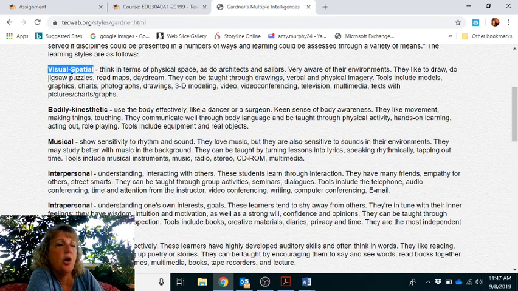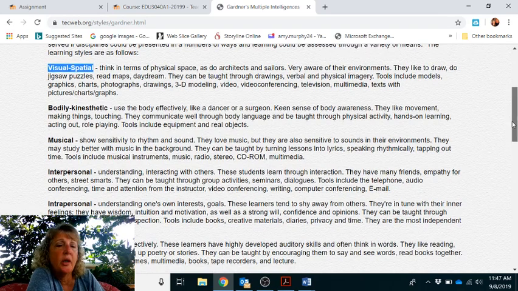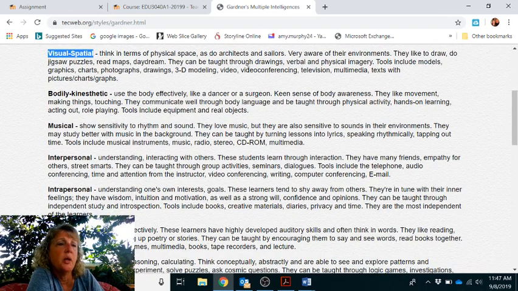They like to draw, jigsaws, read maps, daydream. Okay, that's visual spatial. So for this one objective, you can cover 3 of the multiple intelligences.